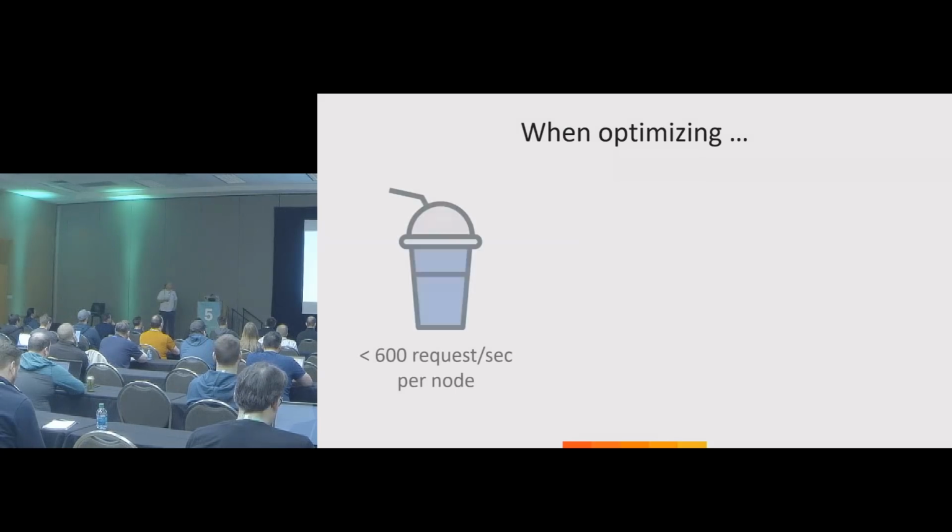So when optimizing, you can have these 3 levels. In one level, you have, okay, this is a piece of cake. This is something that a junior developer can knock out in a weekend. If you're not able to achieve 600 requests per second per node in a weekend, you are doing it wrong.